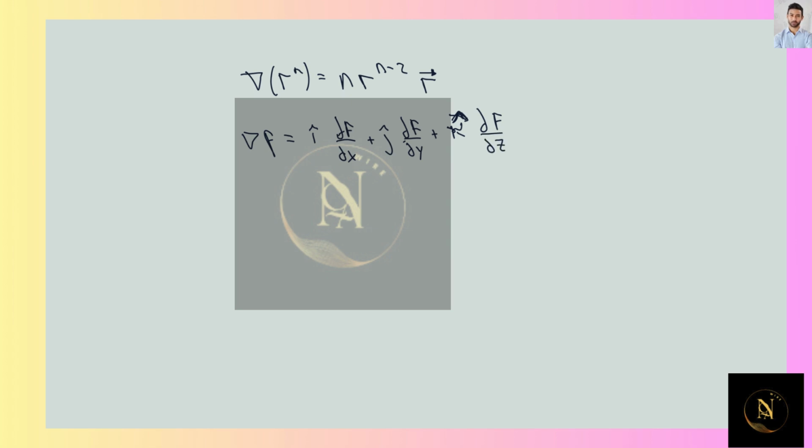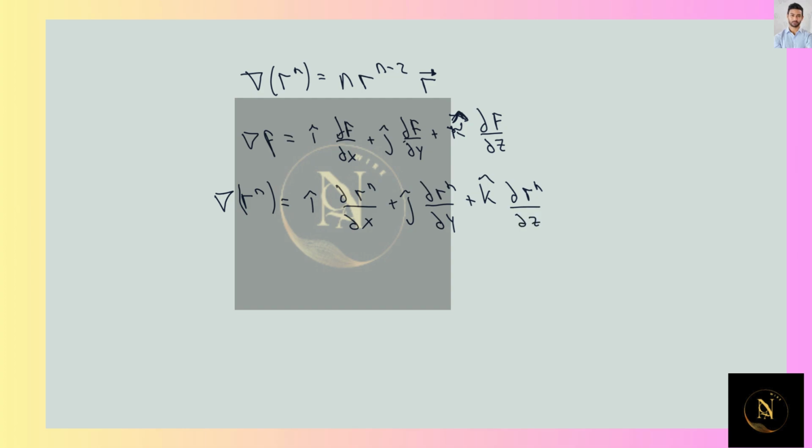So if we write down the gradient of r to the n, we're going to find that this is equal to i times the partial derivative of r to the n with respect to x, plus j times the partial derivative of r to the n with respect to y, plus k times the partial derivative of r to the n with respect to z.